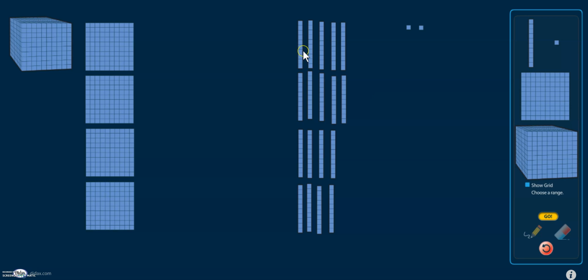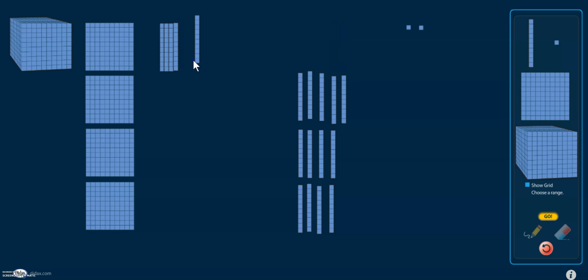So 10 of these blocks here put together will equal 1 of our hundreds. So I'm just going to pull 10 of these over and put them together so you guys can see how it's going to look.